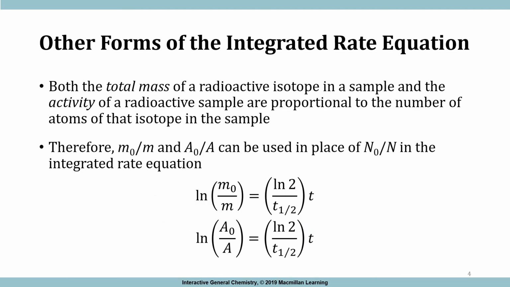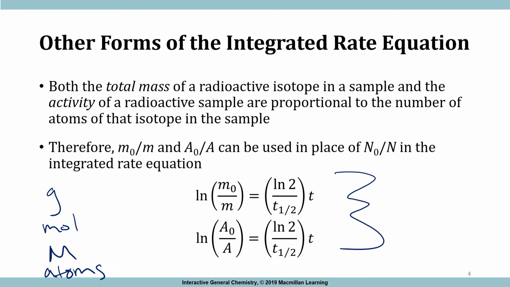The good news is we don't actually have to always have it in atoms. What happens if they give you mass, or moles, or molarity, or even atoms? You can use this equation in any form and it should give you the right answer. So they rewrote this equation where M is mass and A is concentration.